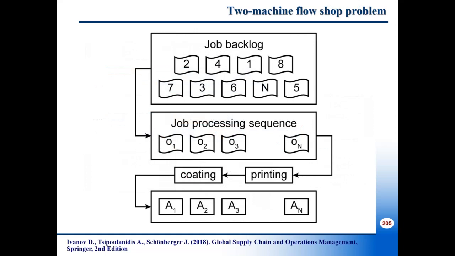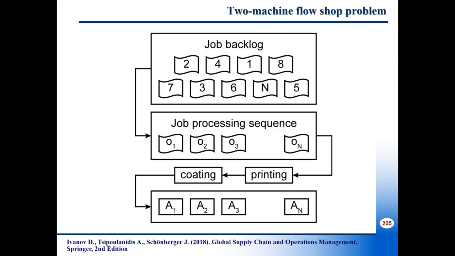There are several multi-machine setups. For instance, in a two-machine flow shop problem, all jobs from the job backlog are ordered, and jobs from the backlog are consecutively processed by the machine in the order determined by the job sequence O1, O2, up to ON.